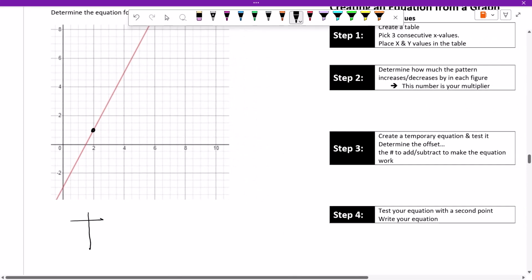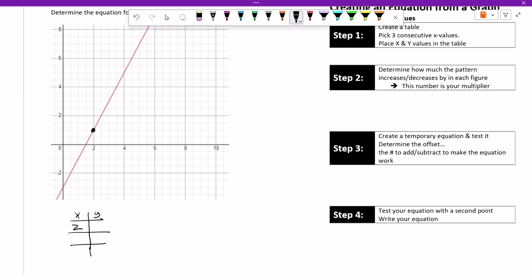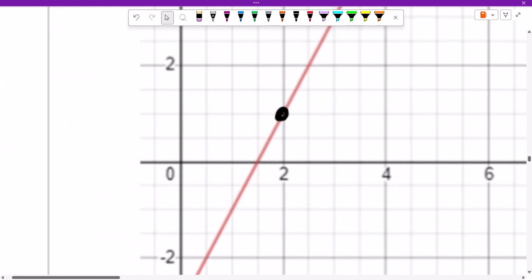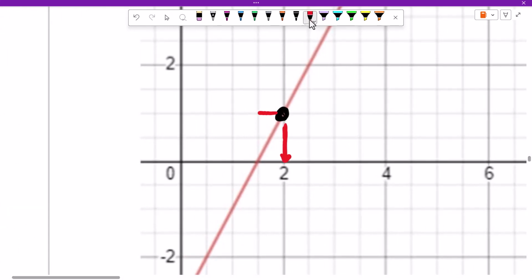X goes first, y goes second. At this spot, my x value is 2. What is my y value at this point? 1. So remember, we're just going from here. 2 and 1.